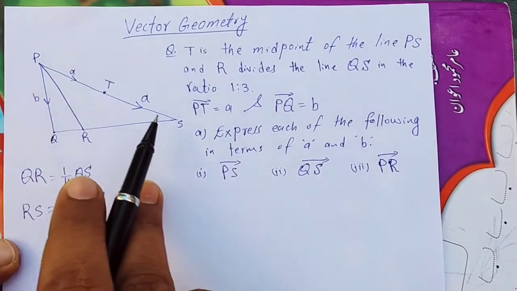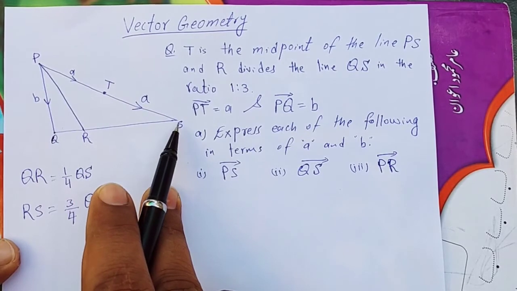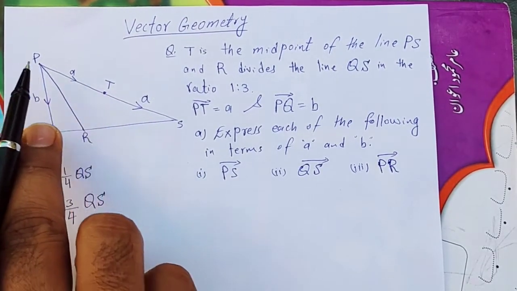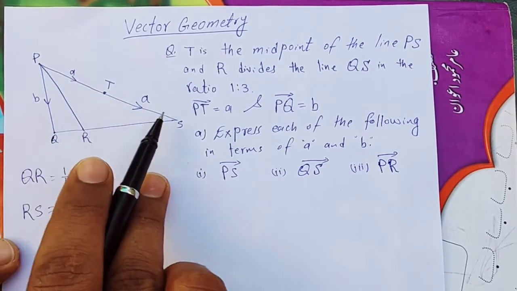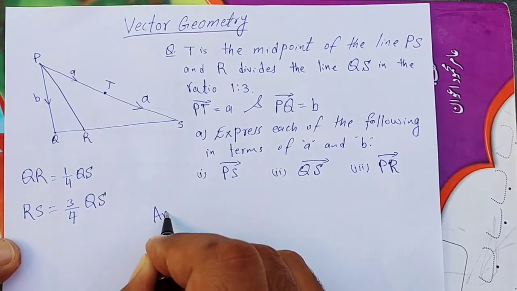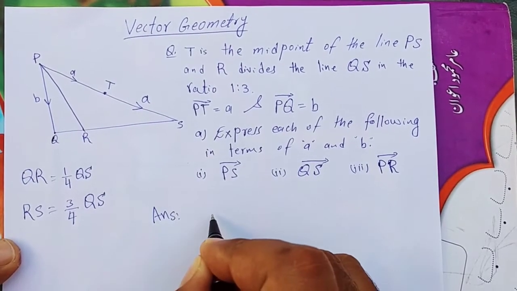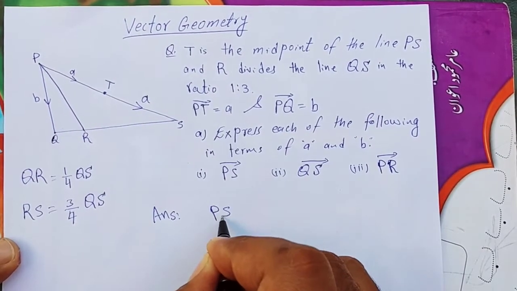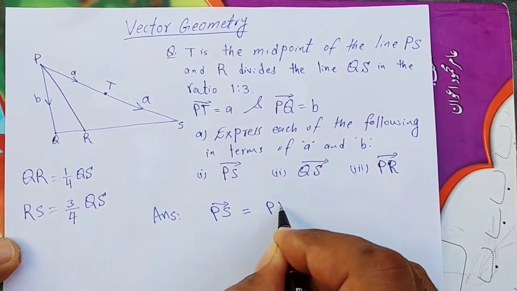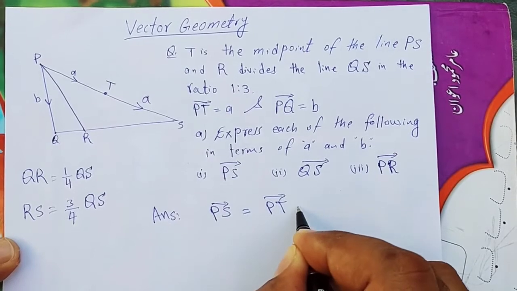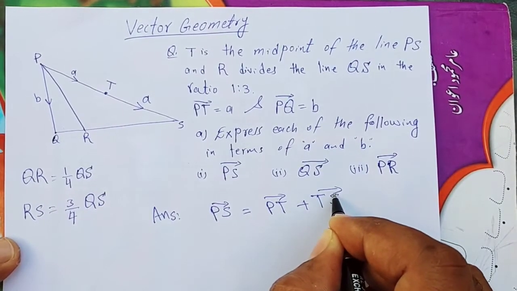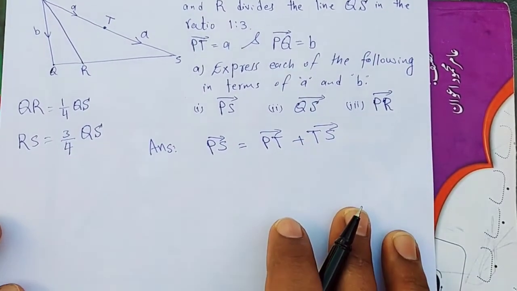What is PS? PS is in two parts, PT and TS. PS is equal to PT plus TS.